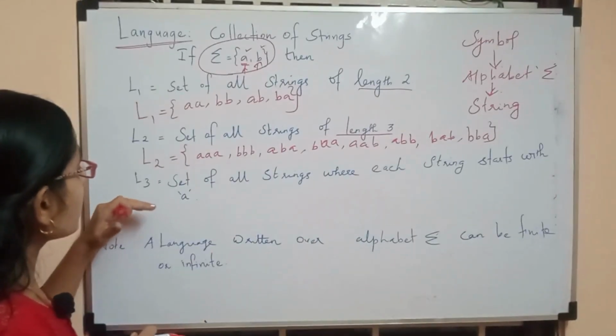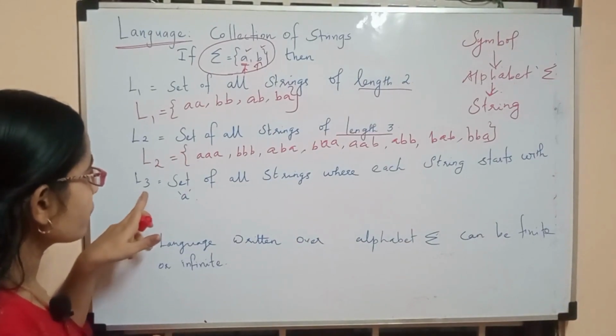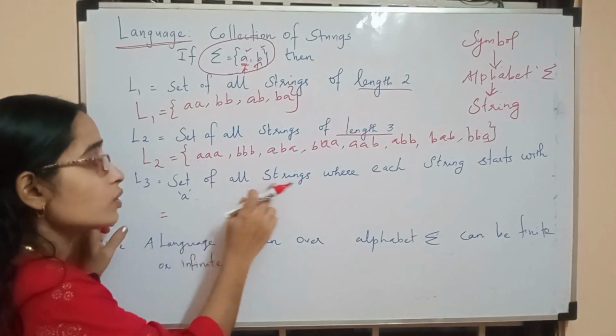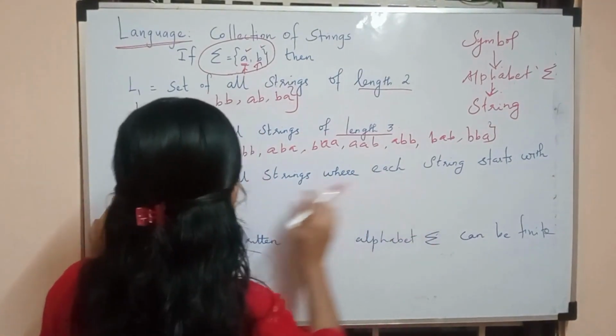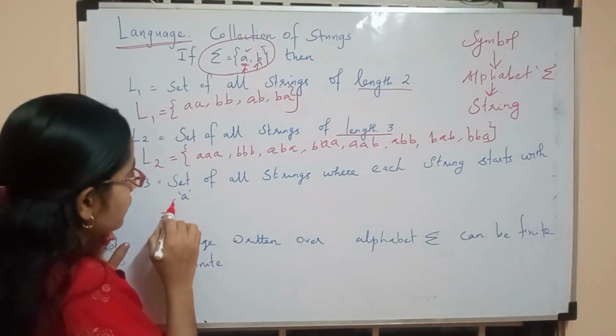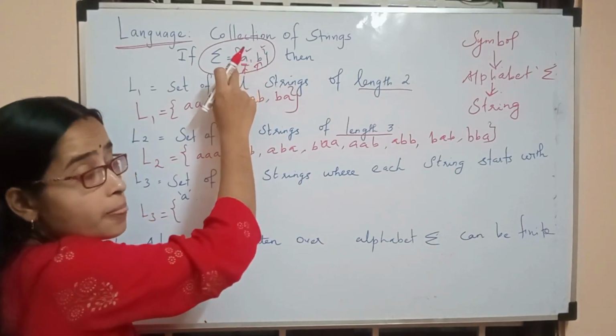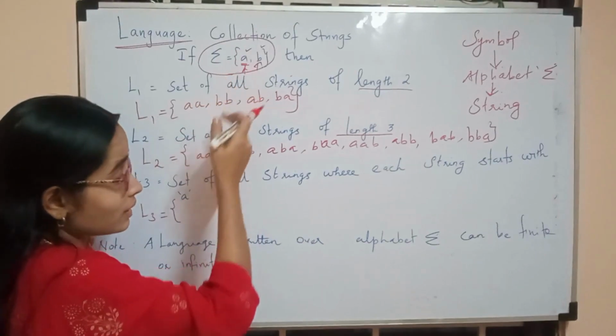Now we are defining the language L3. The set contains all strings where each string starts with A. So this is the input alphabet we are considering.